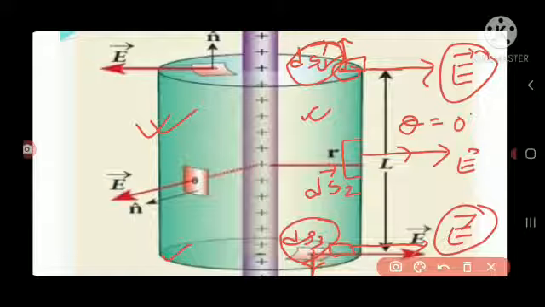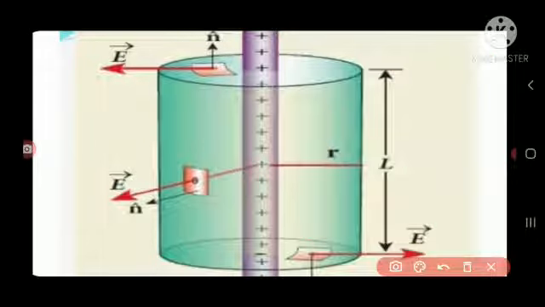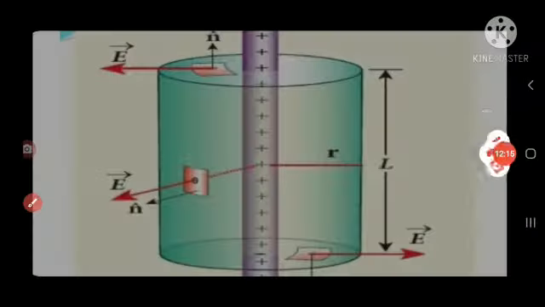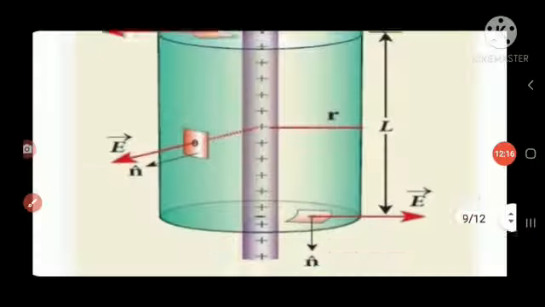We take three small areas, ds1, ds2 and ds3. Diagrammatically, ds1 and ds3 are acting perpendicular to E, that is theta equal to 90 degrees, whereas ds2 is acting in the same direction as E, where theta is equal to 0 degrees.